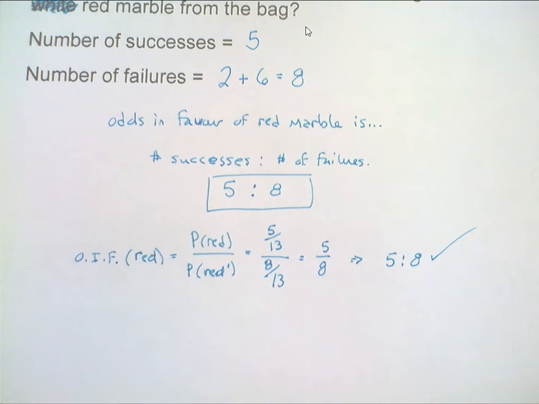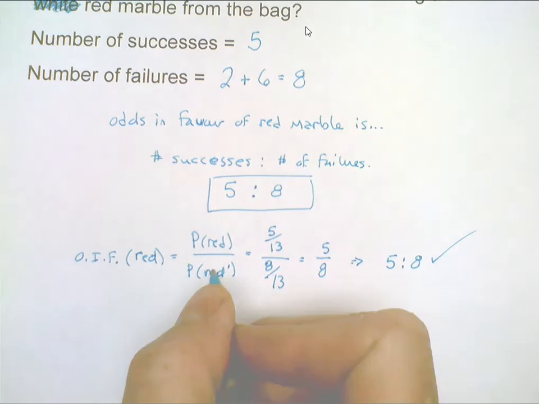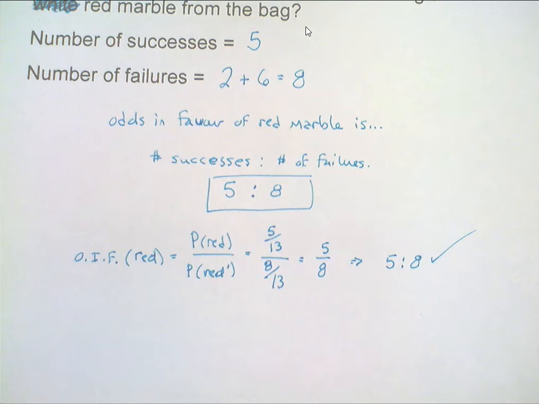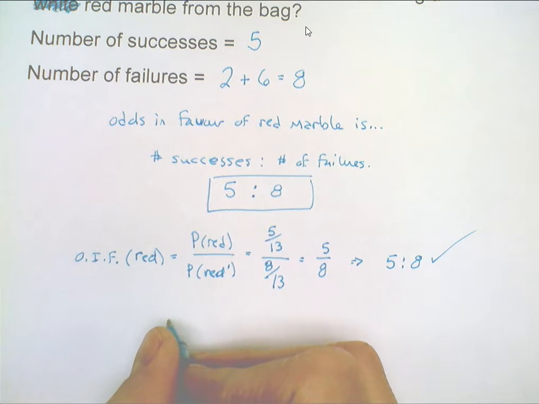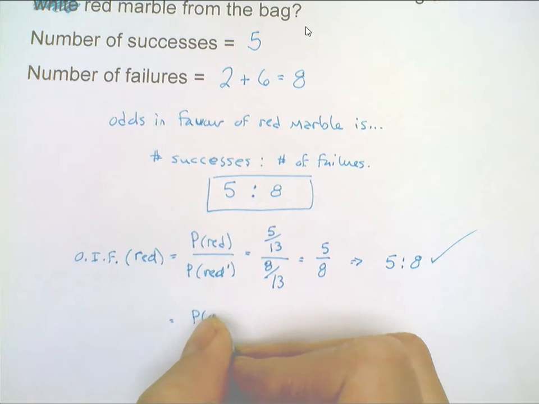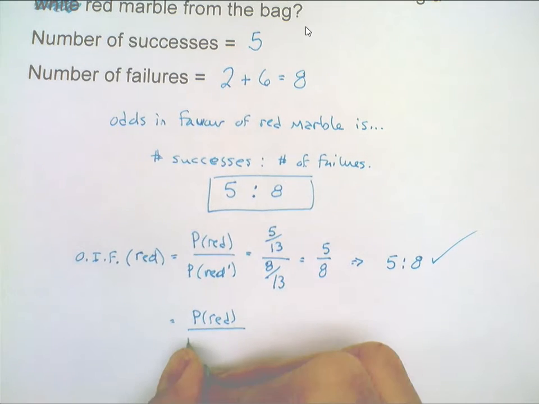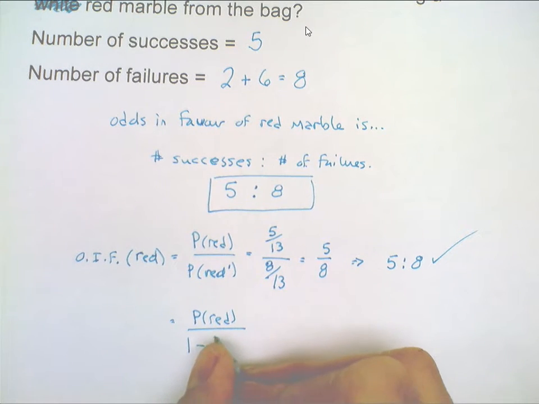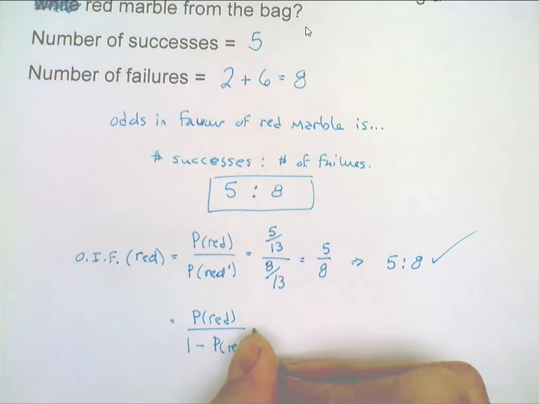Whether you look at it as number of successes to number of failures, or if you write it as the formula, probability of red over the probability of not red, I think there was another formula that said probability of red over 1 minus probability of red.